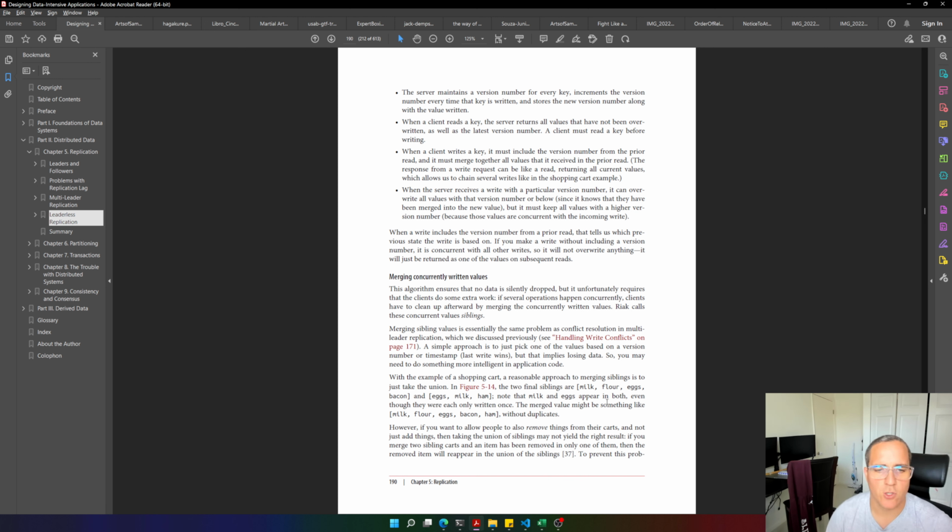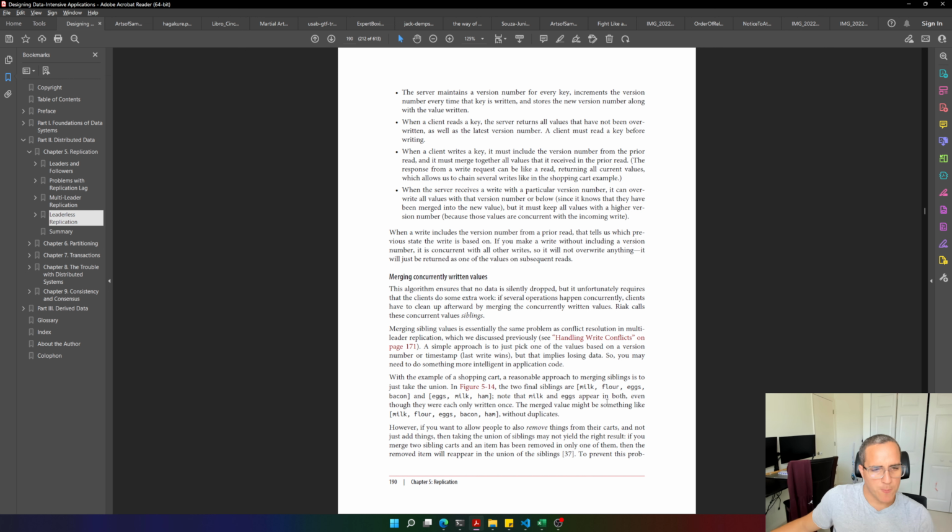With the example of a shopping cart, a reasonable approach to merging the siblings is to just take the union. In Figure 5-14, the two final siblings are milk, flour, eggs, and bacon, and eggs, milk, ham. Note that milk and eggs appear in both, even though they were each only written once.